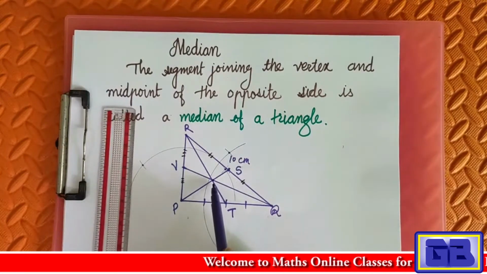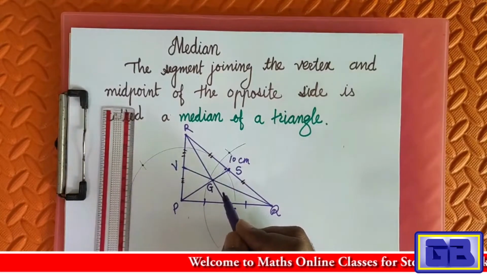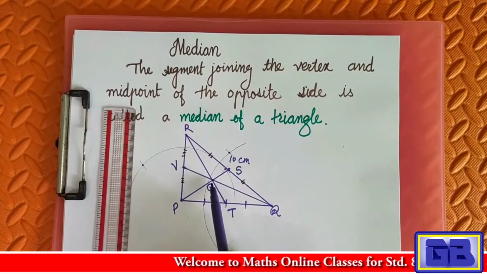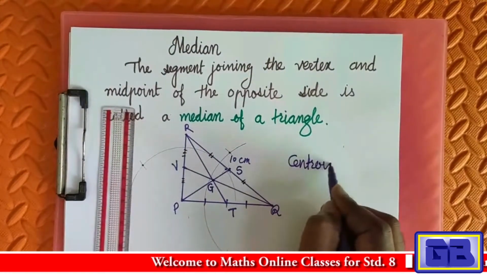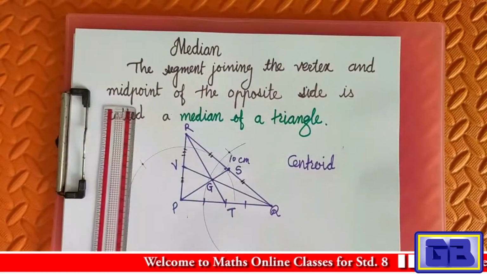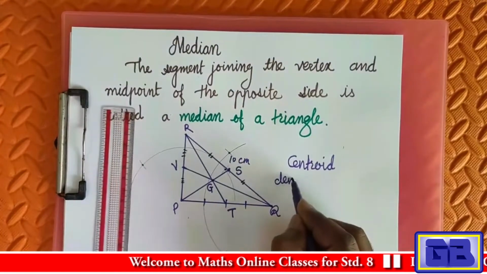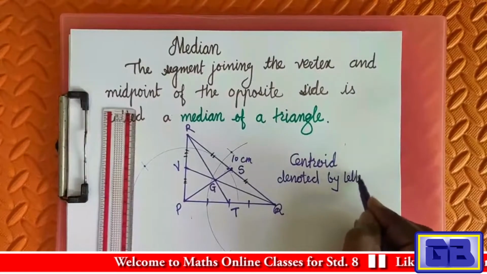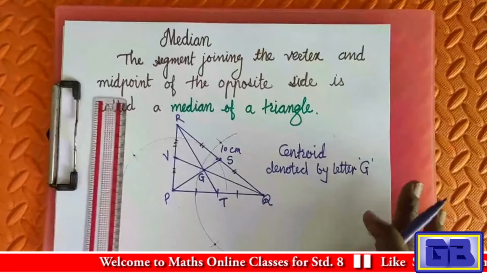which is denoted by letter G. And for the altitudes, that point was called the orthocenter. This point is called the centroid, denoted by letter G. Always.